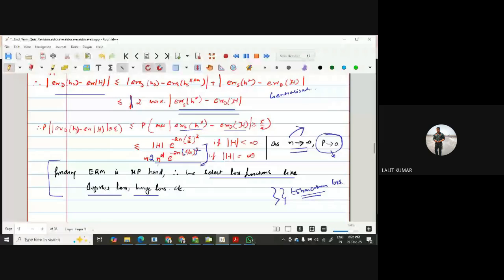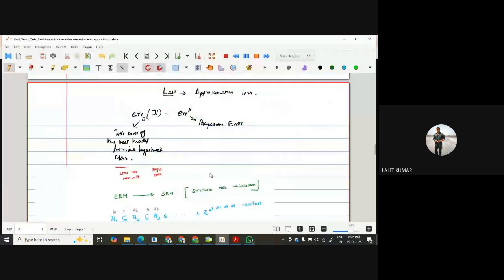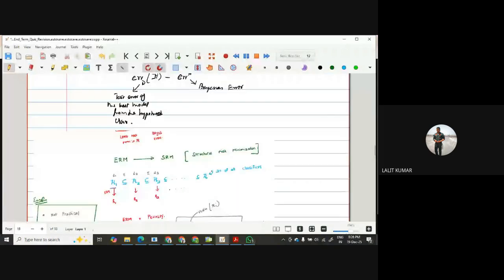And from here we come to the last term, which is the approximation loss, the best model LDH minus R star. What the professor covered is that for solving this theoretically, we select many hypothesis classes, and for those hypothesis classes we do ERM for every one. But even ERM is NP hard, so this is a theoretical concept and we cannot implement it.